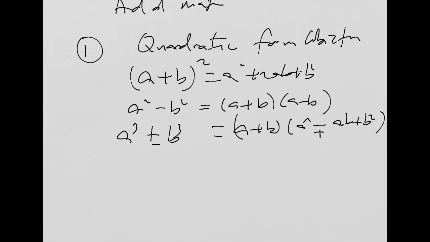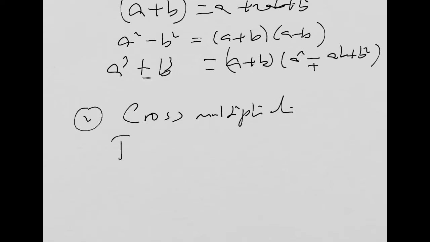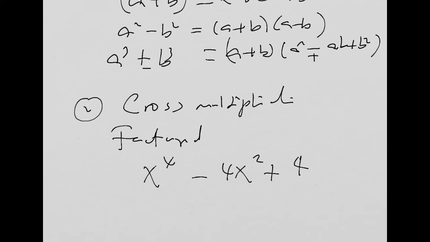And also, how to do the cross multiplication. You need to factorize. For example, 4 − 4x² + x⁴. So you need to straight away know that.